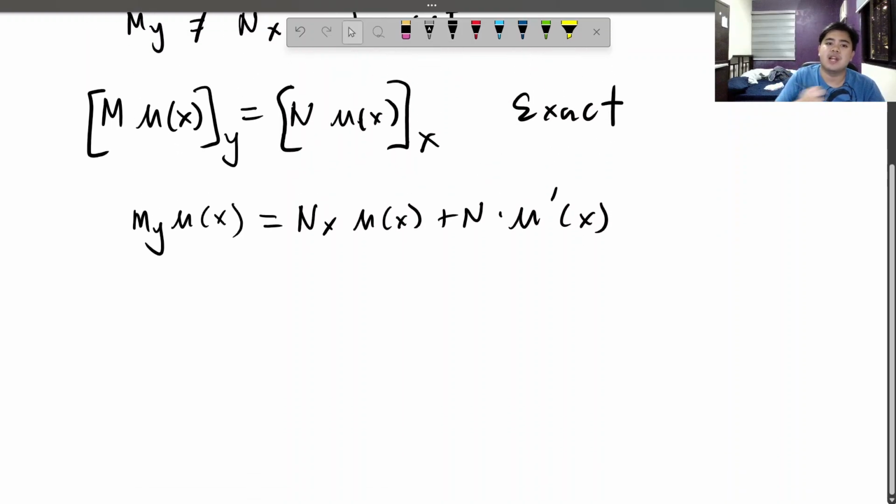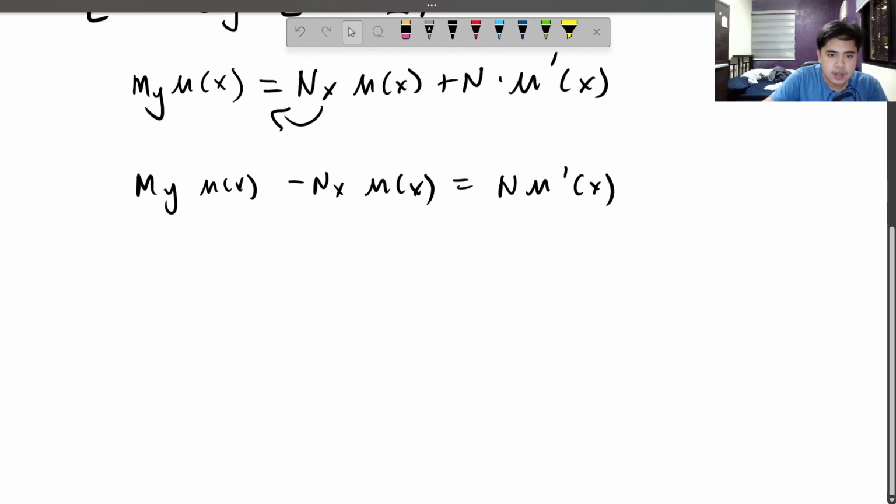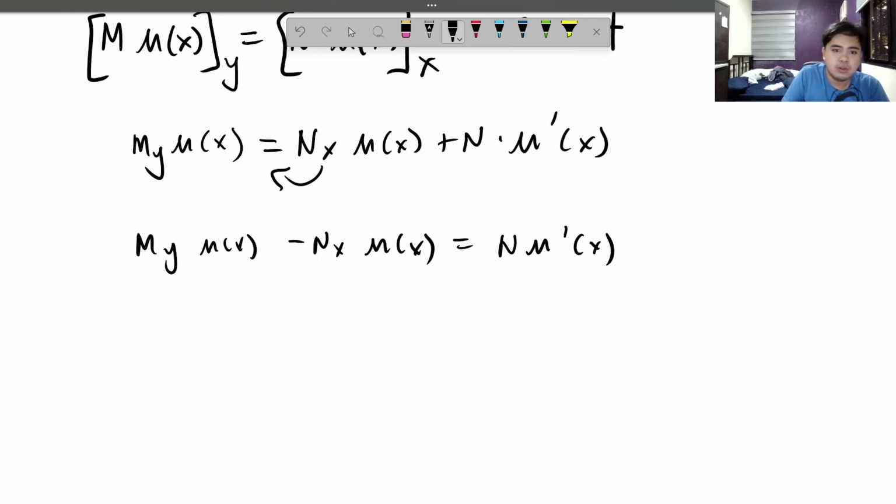How do we isolate mu of x now? Let's transpose this term to the other side. So we get my mu of x minus nx mu of x equals n times mu prime of x. In here we can factorize mu of x out.